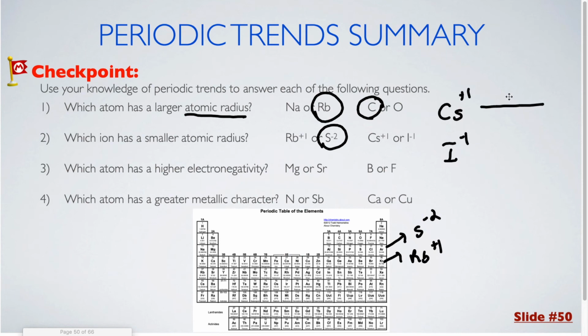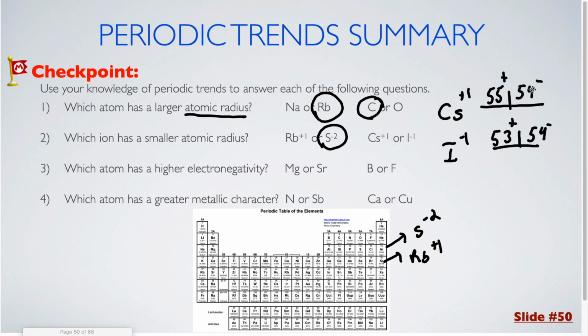So for this first combination, I have cesium, which is going to have 55 protons, so 55 positives. And since I lost 1 electron, I'm only going to have 54 negatives left. For iodine, I have 53 positives, and I have 54 negatives.